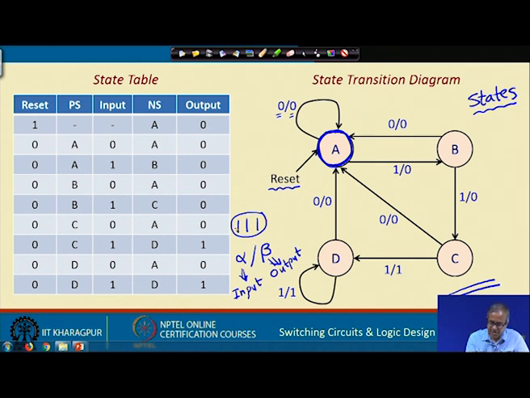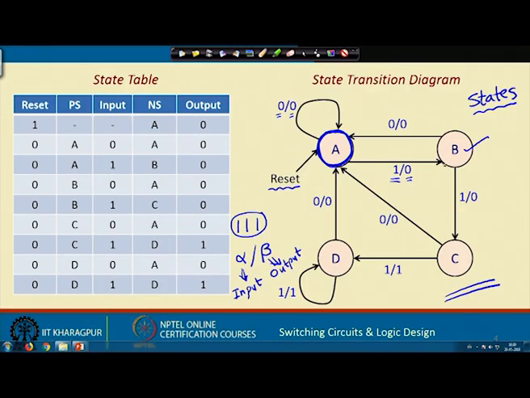But as soon as you get the first one, see this edge, you go to state B. State B indicates that a single 1 has been found, that is the meaning of state B. And still the output is 0, because we have found only a single 1.